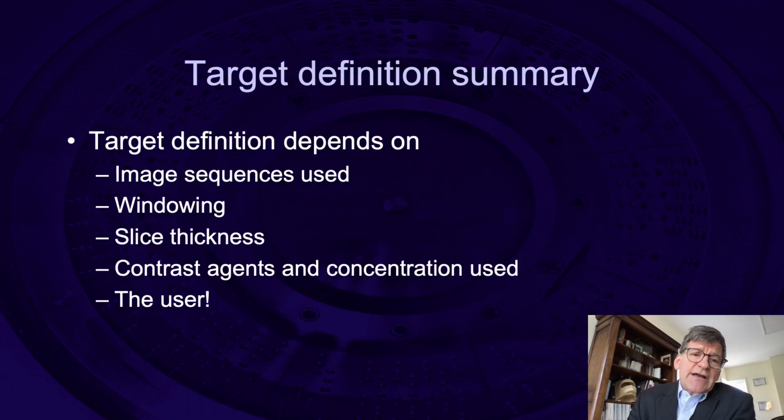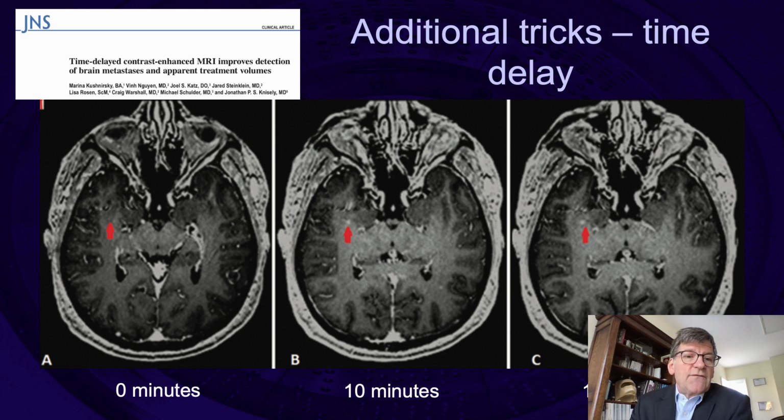So target definition depends on the imaging sequences used, the windowing, the slice thickness, the contrast agents and concentration used, and on the user itself. Here are some other examples of what we might use. So time delay makes a difference, and in this paper published in JNS, we saw lesions that were not apparent if the MR sequence was acquired immediately after injection, but then after 10 minutes and 15 minutes we start to see a lesion.